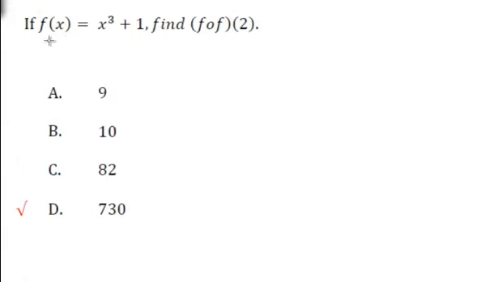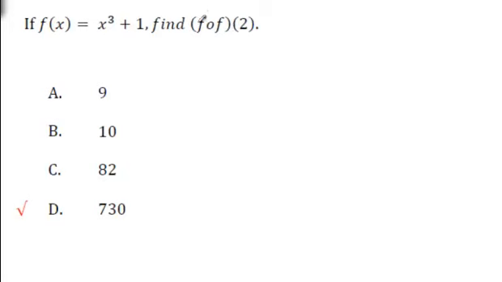If f of x is equal to x cubed plus 1, find f round f of 2. So in this case, when they enter a number into the composite functions, you can do the function of the value first and then do the main one.